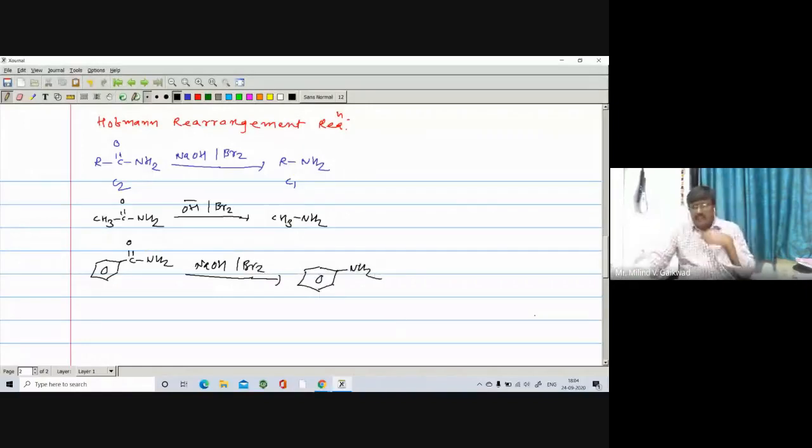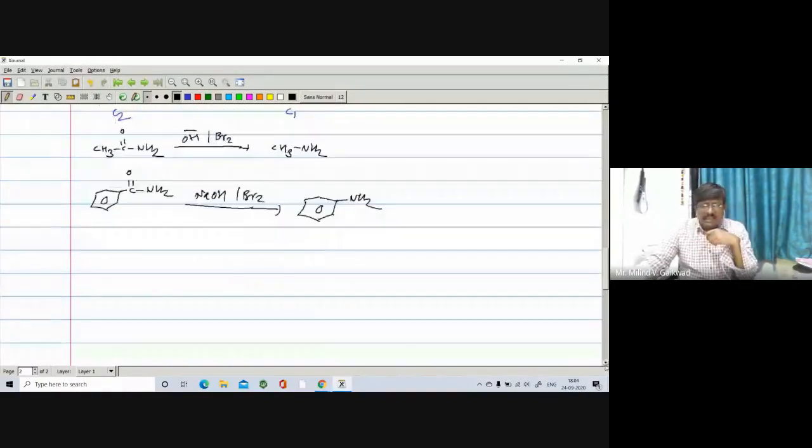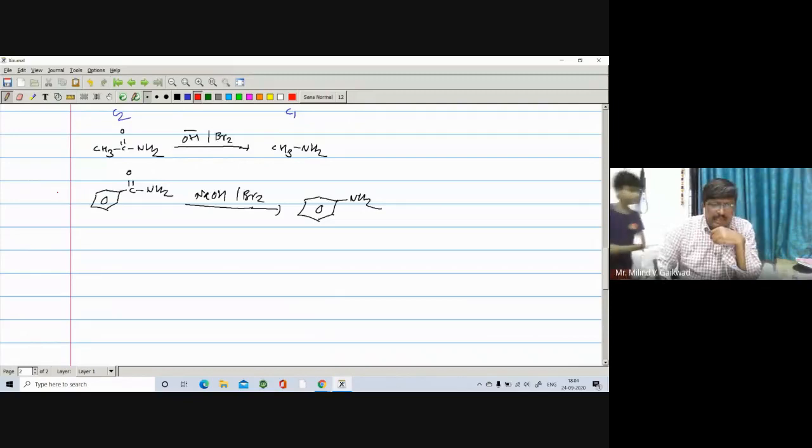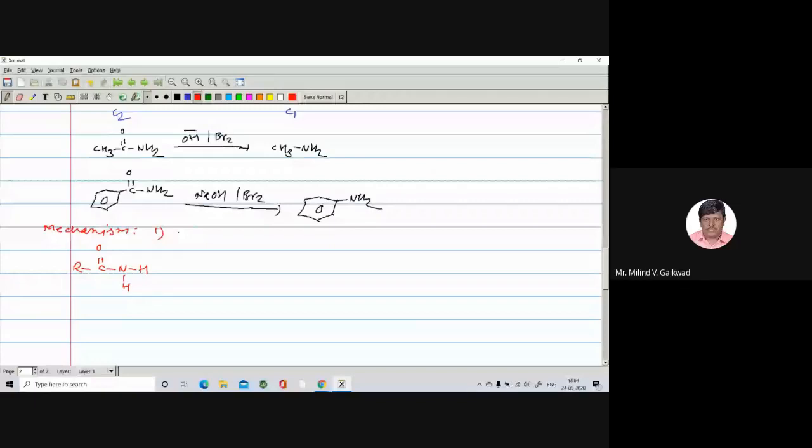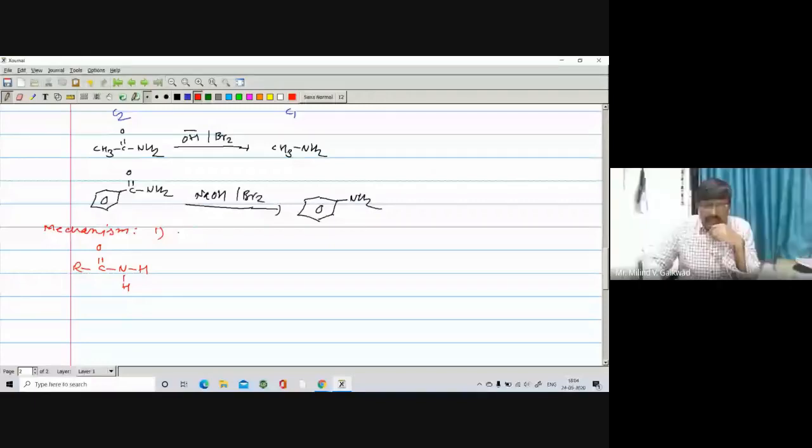Now let us see the mechanism of this reaction. In the mechanism, in general, R, C double bond O, here is N, here is H, and here is H. In the first step, NaOH reacts with bromine, Br and Br, and there is a formation of NaOBr.